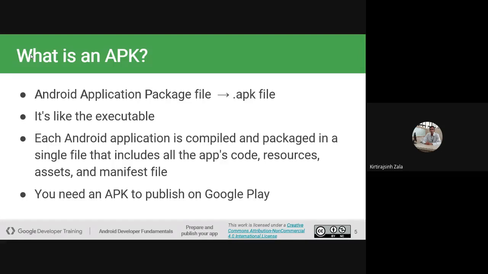Basically, each Android application is compiled and packaged in a single APK file that includes all application code, resources, assets, and manifest file. In the APK file, everything comes combined.